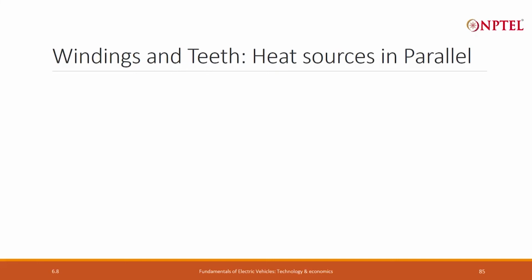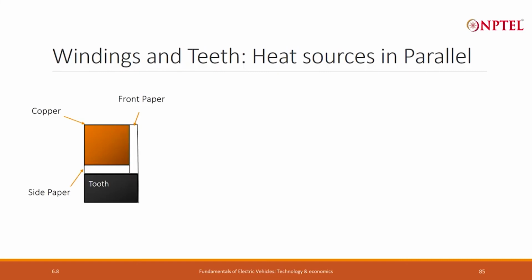So, now let us get into the motor itself. If I look at the motor, the innermost core, I can think of it as a pipe. It has slots alternating with teeth.